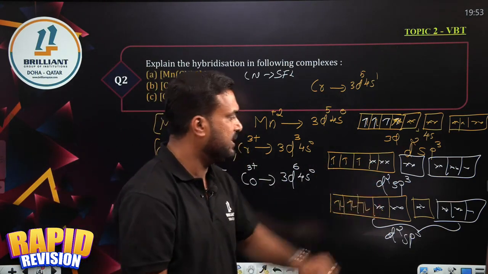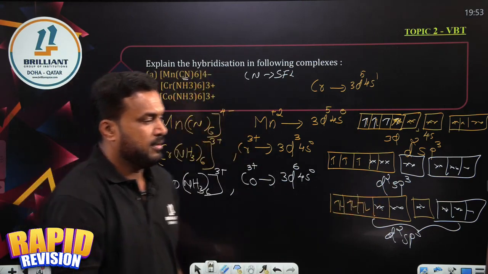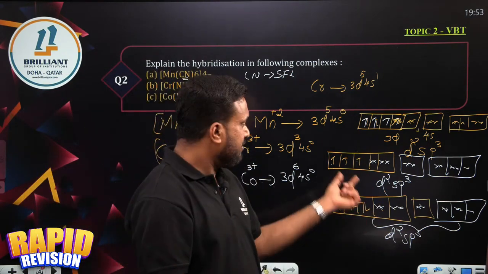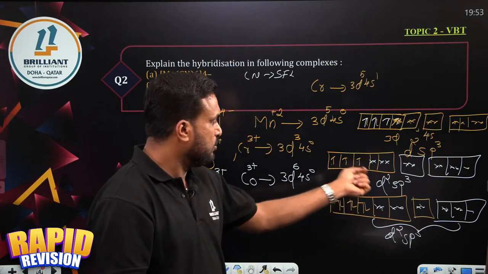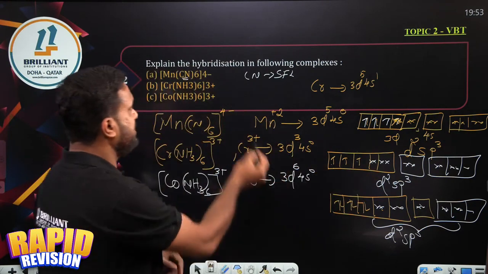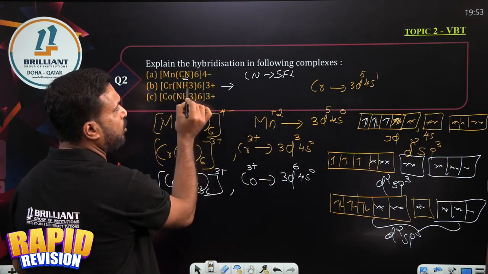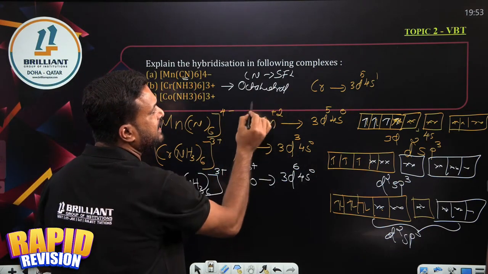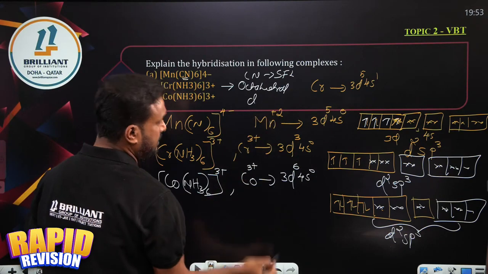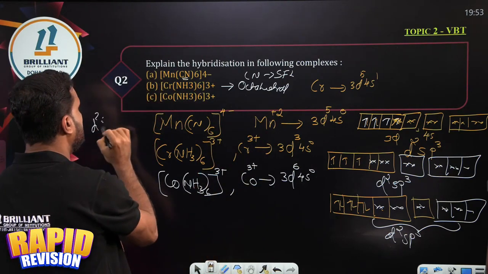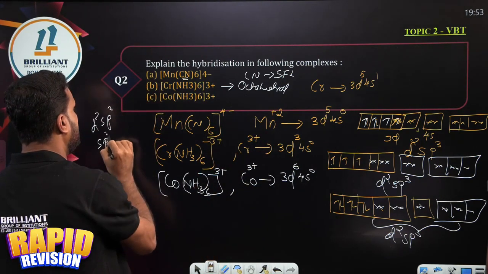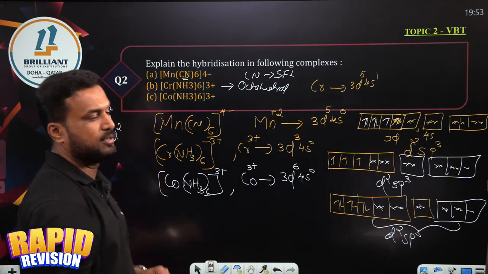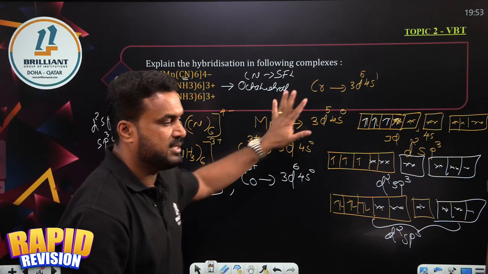We have hybridization only like d2sp3, because octahedral is the shape. Coordination number 6 means what is the shape? Octahedral. Octahedral has either d2sp3 or sp3d2. This is the way you have to find out.